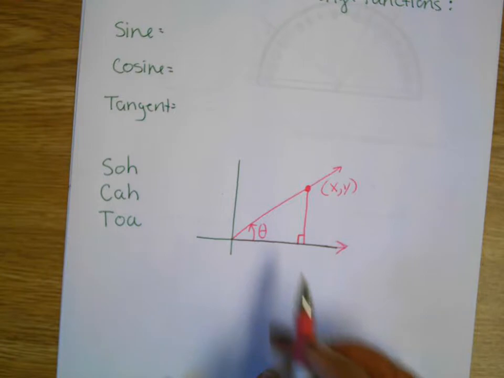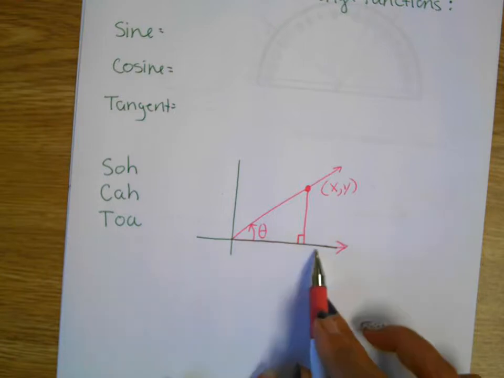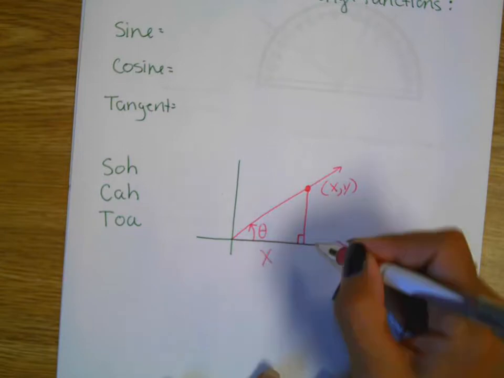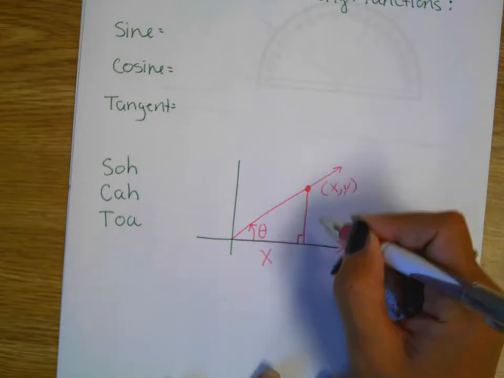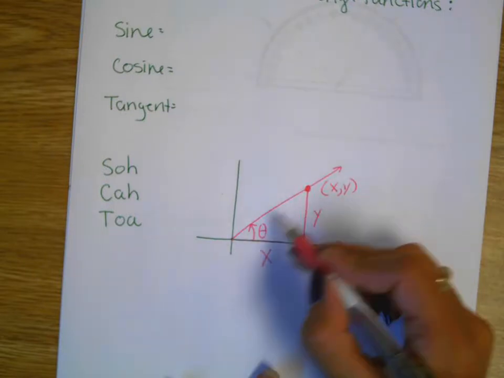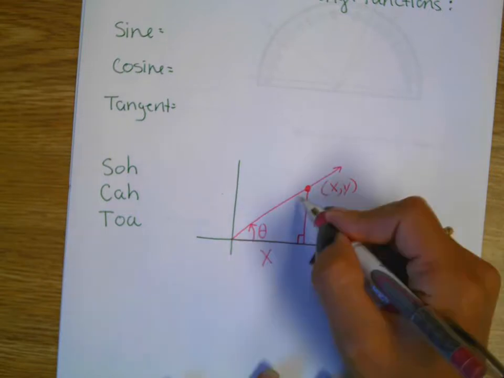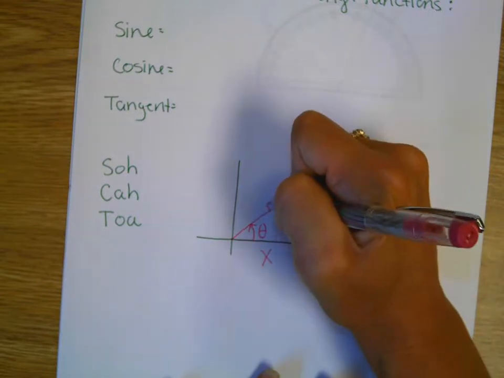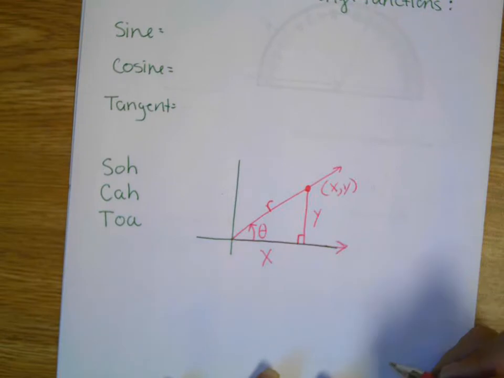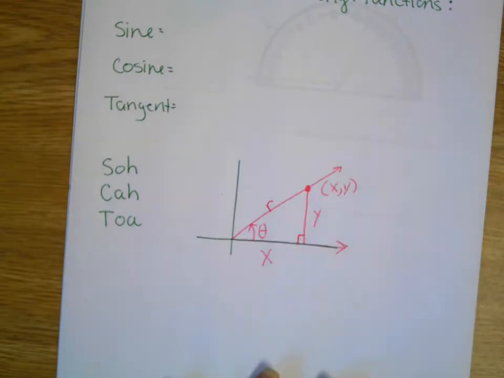What's this leg going to be called? X, your horizontal distance from the origin. What's the vertical distance called? Y. And then we practiced finding the distance back to the origin with the Pythagorean theorem. The book calls that r for radius, instead of hypotenuse, because if you take that point and spin it around, you get a circle. So x, y, and r.